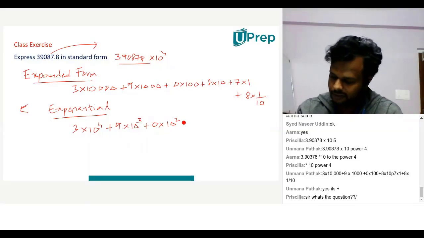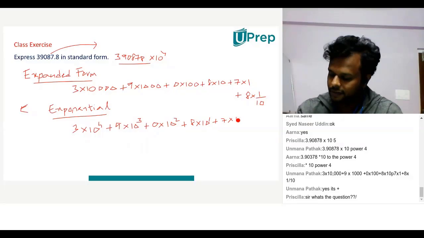That's why it is 0 plus 8 into 10 power 1 plus 7 into 10 power 0 plus 8 into 10 power minus 1.